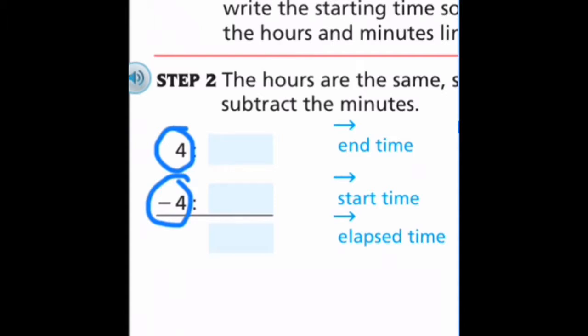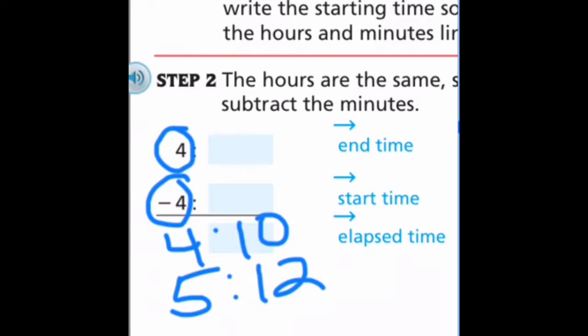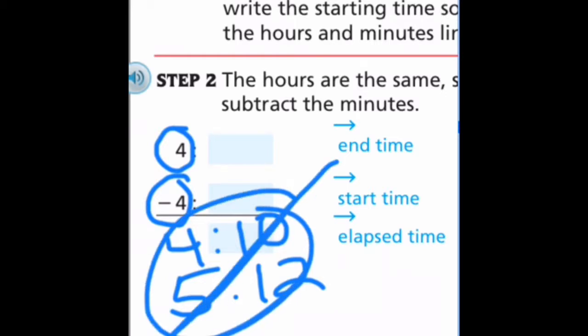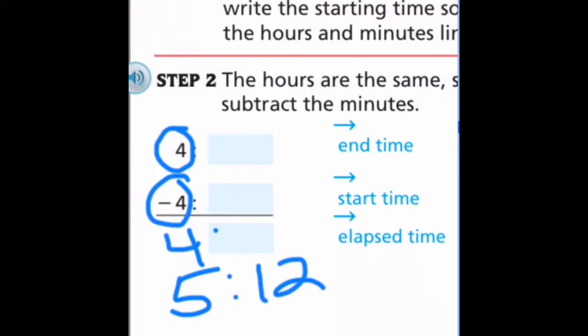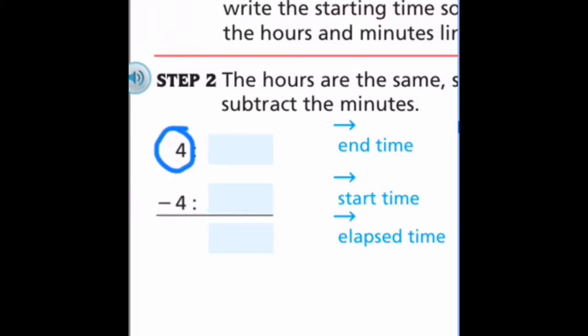If the ending time was 5:12, but it started at 4:10, we would not be able to subtract because the ending hour is a different hour than that 4 o'clock hour, okay? But in this case, it starts at 4 something and it ends at 4 something, okay?